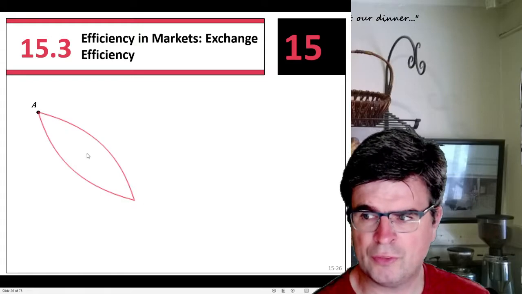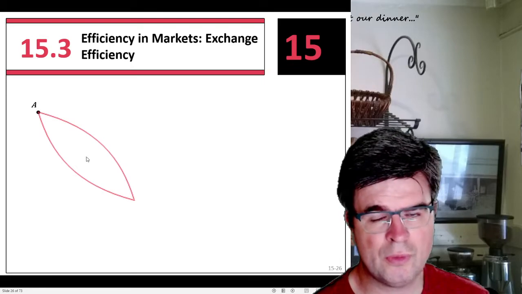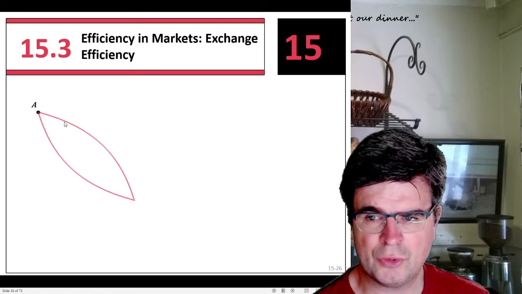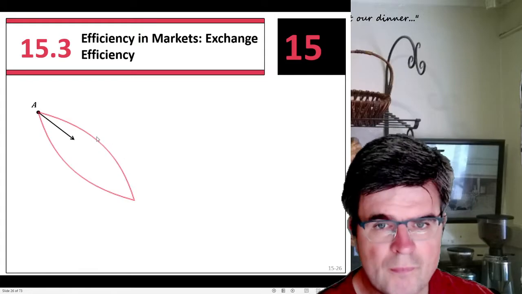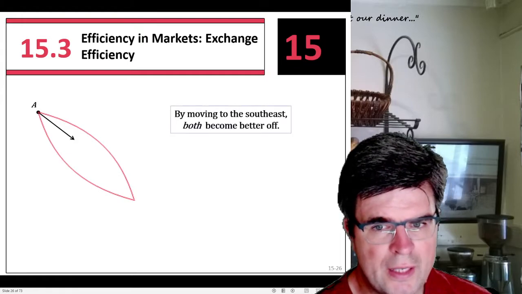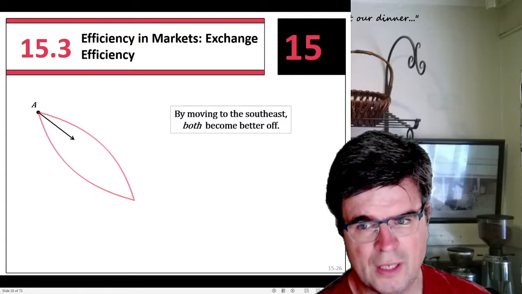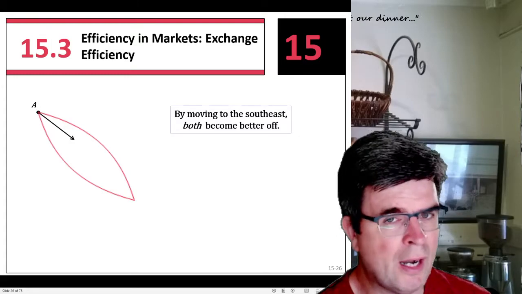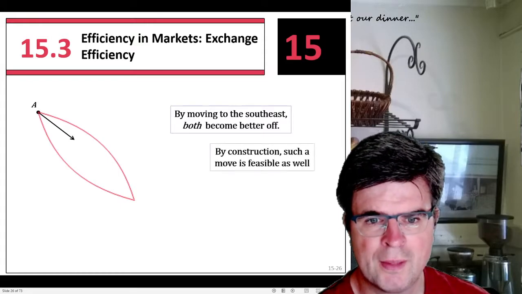The indifference curve that runs through this point over here would be associated with a higher utility level than the indifference curve that runs through the initial allocation A. So, by moving to the southeast, both would become better off. All these allocations are associated with a higher indifference curve, both for Alice and for Bob.